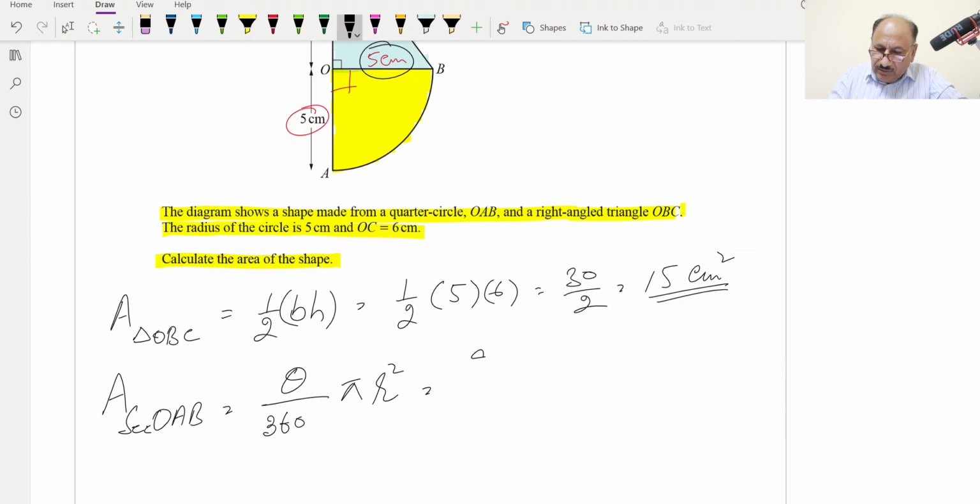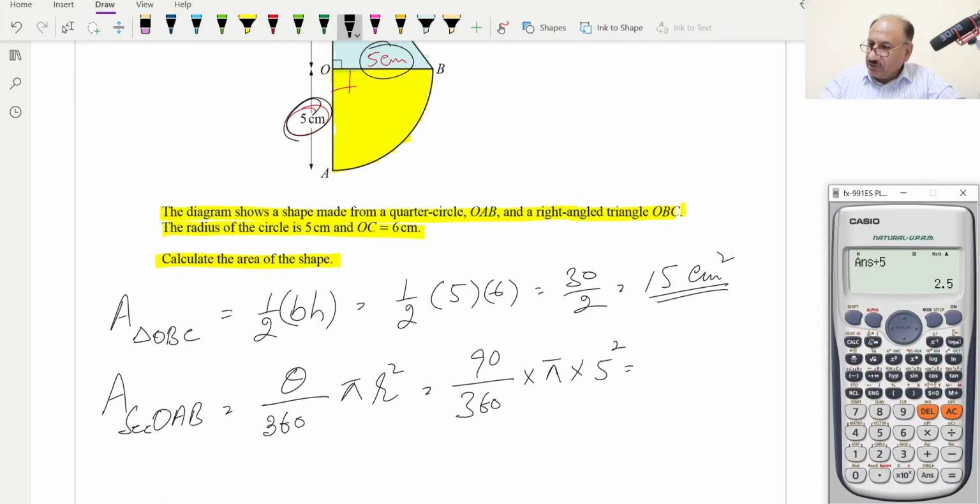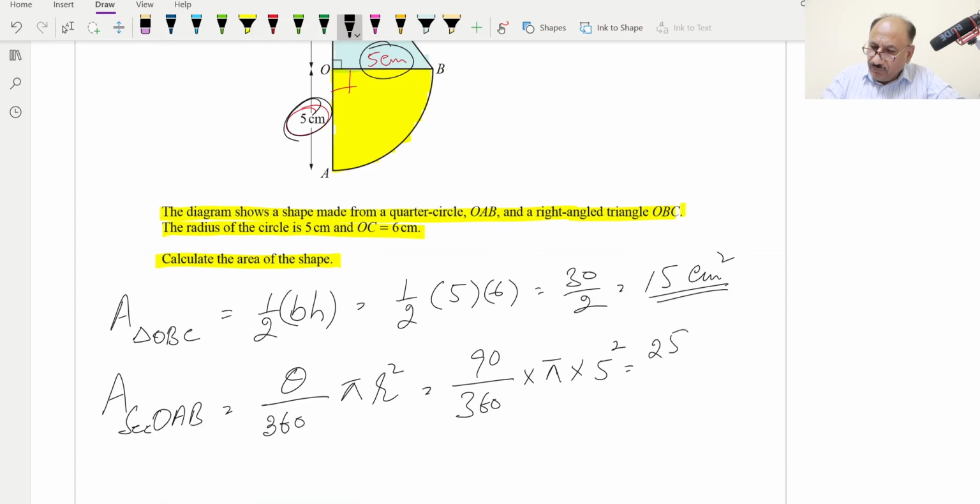So 90 divided by 360 multiplied by pi multiplied by r squared, where r value is 5, so 5 squared. We can use calculator for this: 90 divided by 360 and multiply by pi and multiply by 5 squared, and this is equal to 25 by 4 pi.